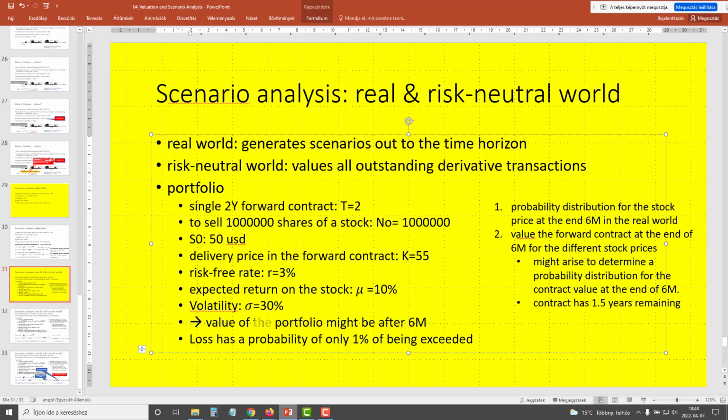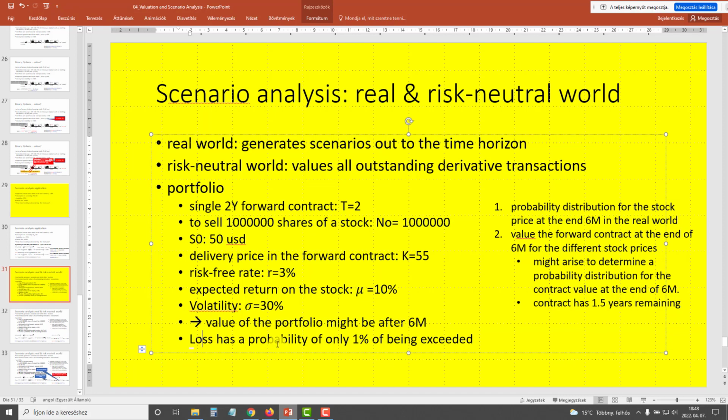Value of the portfolio might be after 6 months. So practically this is all the difference, because until now we were able to say that, oh, we can do this calculation, it's easy. But now we have to play with this 6 months, so first half year, and then there will be remaining 1.5 year later.